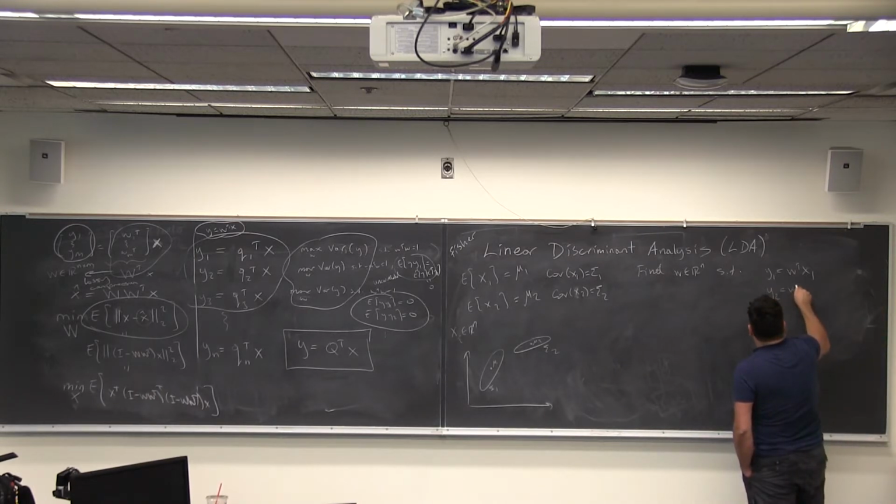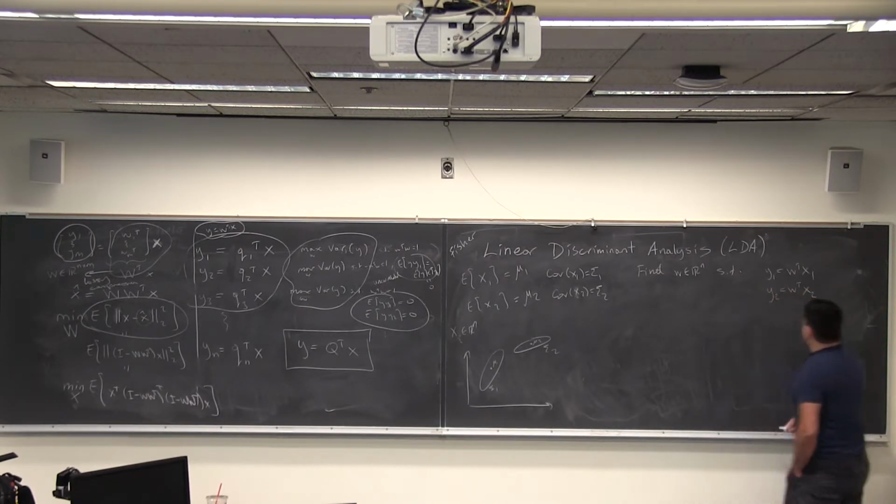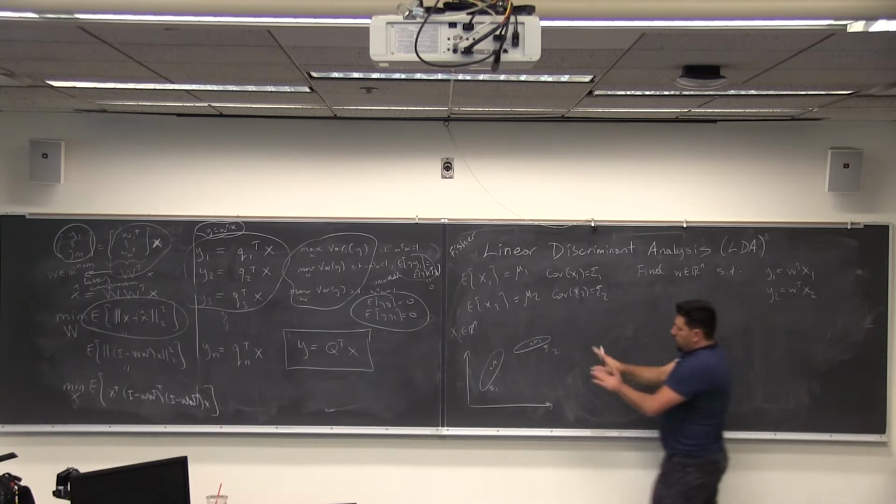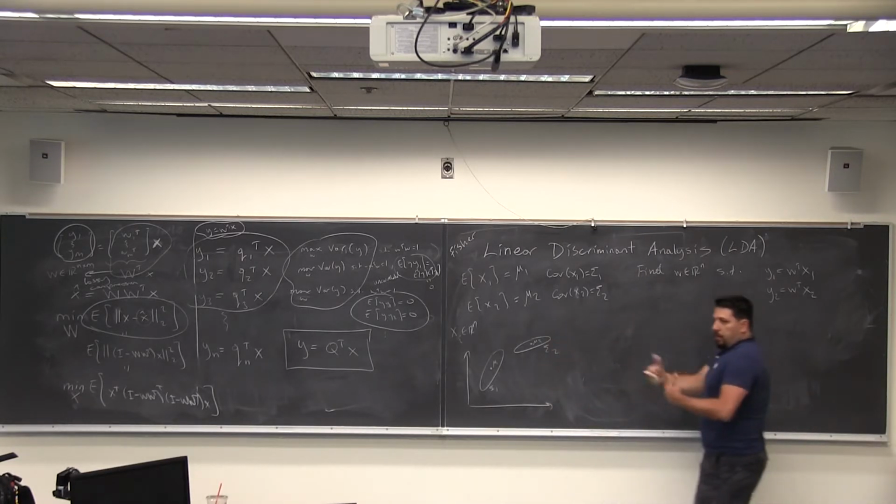I'll take a vector from the second set, project onto W, and call those projections instances of random variable y2. I'm interested in finding a W such that these scalar random variables y1 and y2 are as separated as possible from each other. What does it mean to be separated when the values are random? I need to look at their average separation as well as how spread they are when projected.